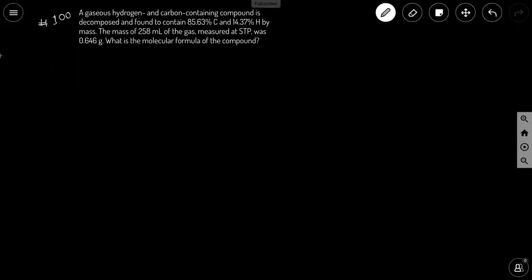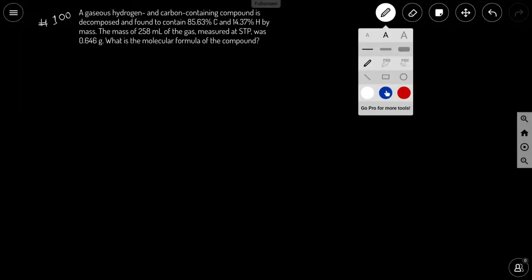Okay, so to begin, I'll go ahead and underline what's given. Also note that we're given our measurements at STP, and STP is 1 ATM and 273 Kelvin.